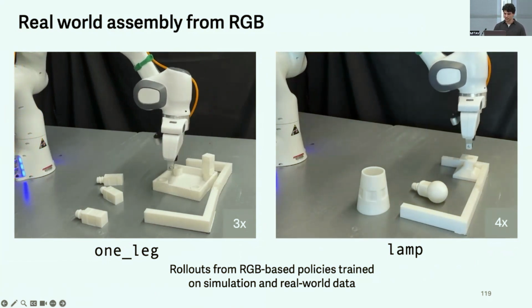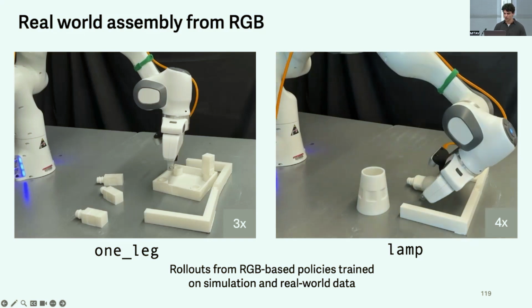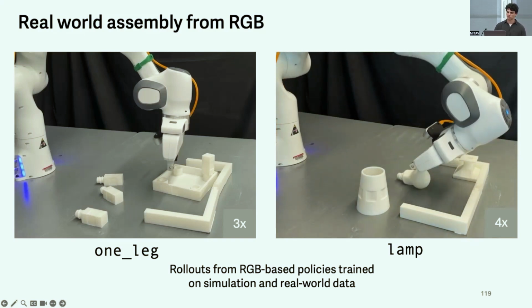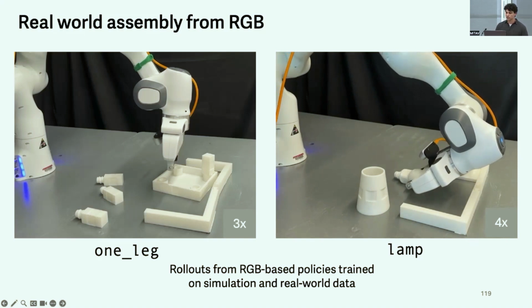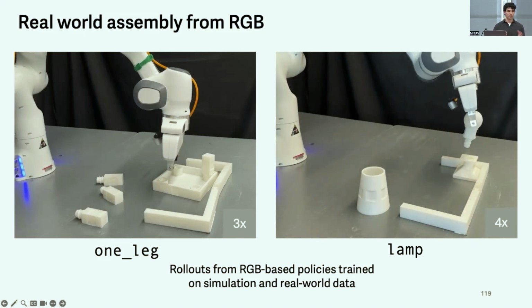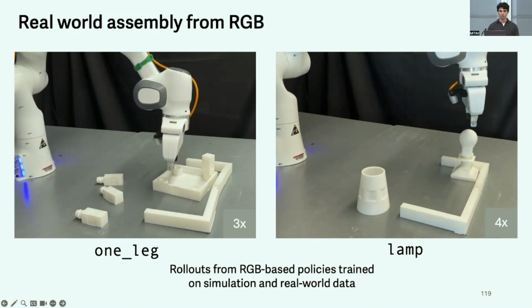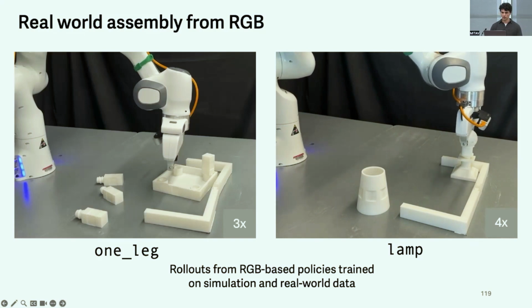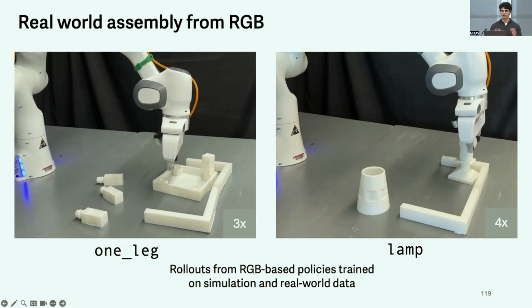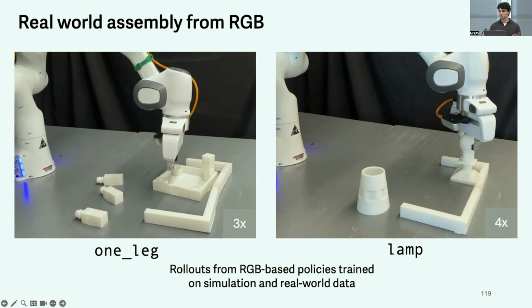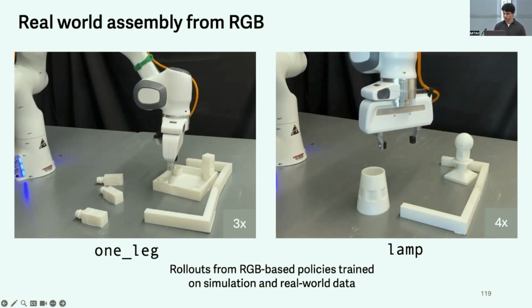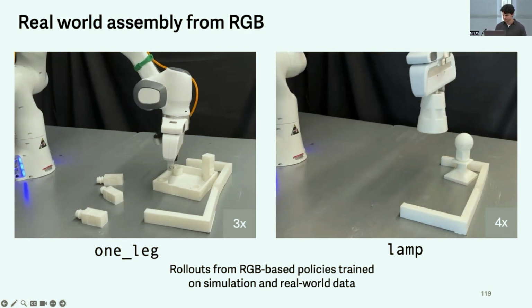And here's another example from the task suite called Lamp, where it has to pick up this bulb. Here we see it tries and then it tries again. So these were policies, again, trained with a combination of simulation and real-world data, where we used the real-world data to try to reduce the gap between what the RGB images look like in simulation and what they look like in the real world.